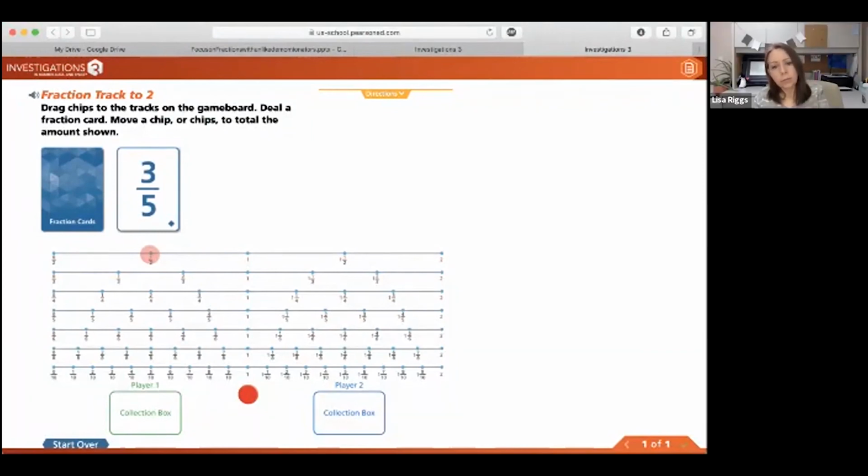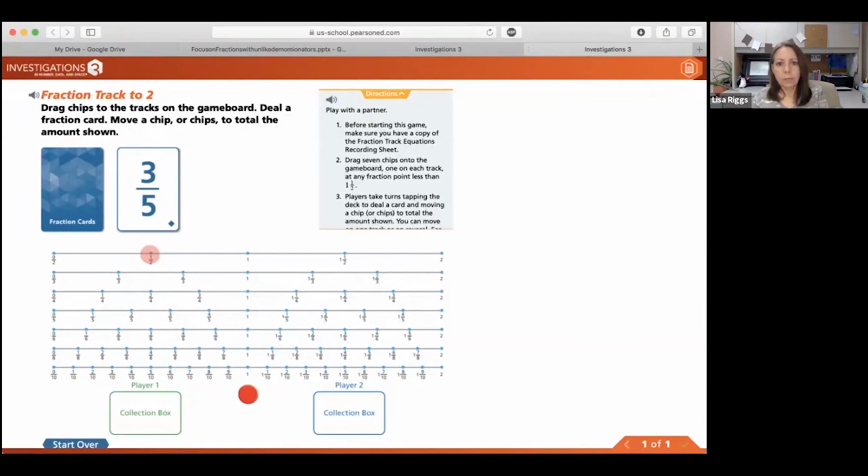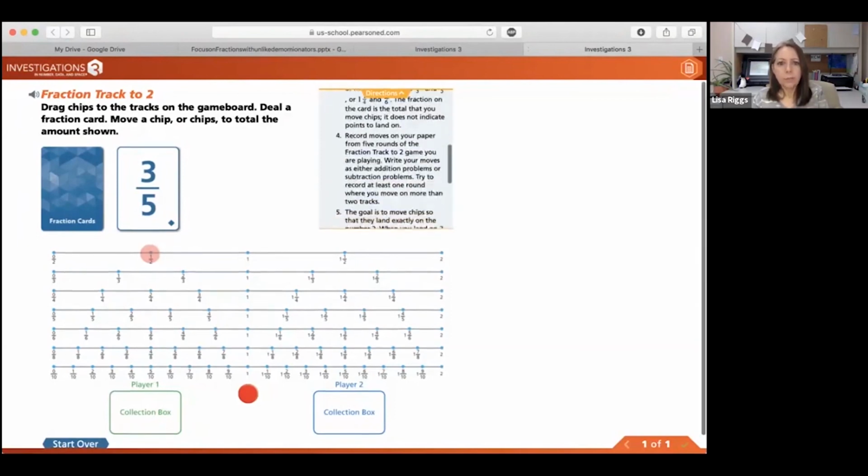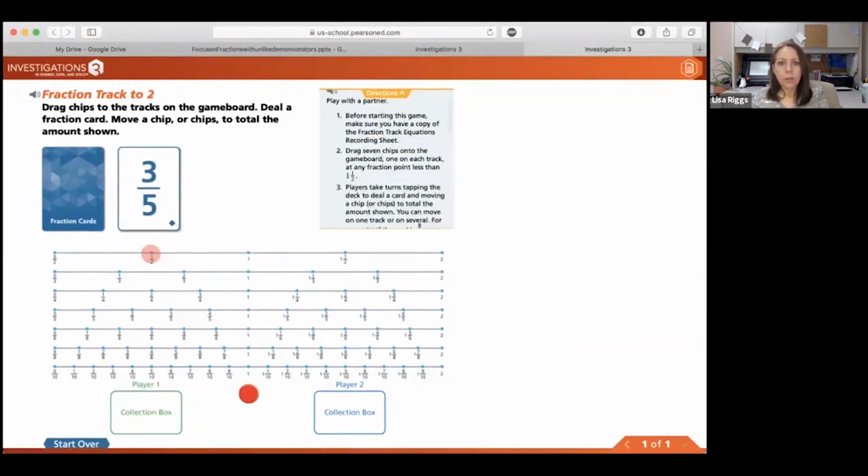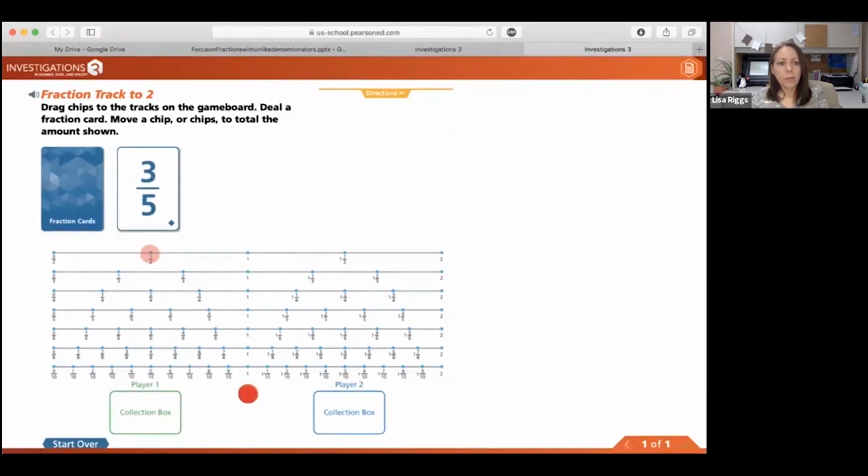And once you have completed to 2, then you get to put it in your collection box. So if you're playing with someone, I guess your goal is to have the most counters in your box. And again, the directions are in that drop down right there. And the worksheet is linked on the page as well, and it'll be in our handouts.